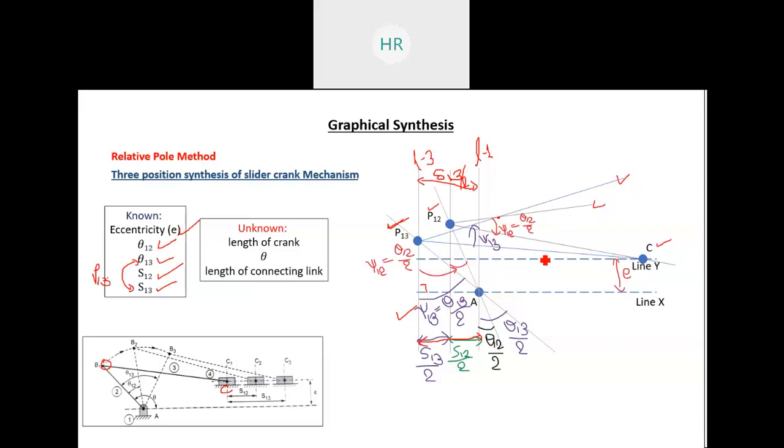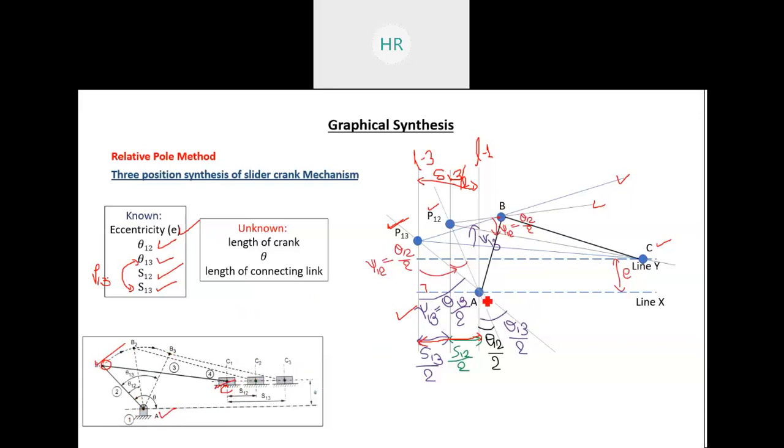That point is known as point B. So by intersecting the lines passing through the poles P12 and P13, we can locate point B. Now we have located point A, point B, and point C. So simply connect these points, that will complete our mechanism.